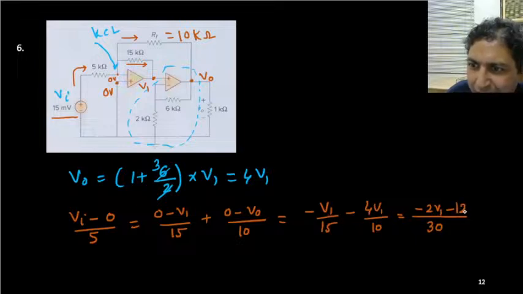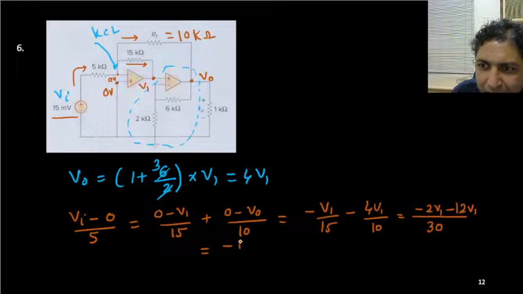Am I doing correctly? Okay, so what is the value? Minus 14 V1 by 30. It could be 7 V1 by 15.